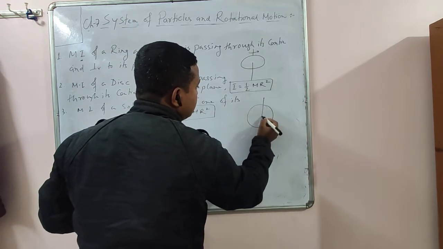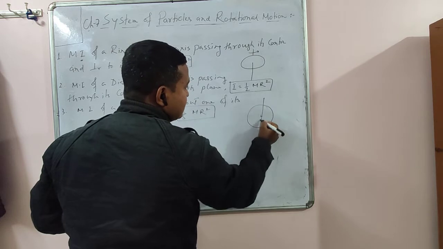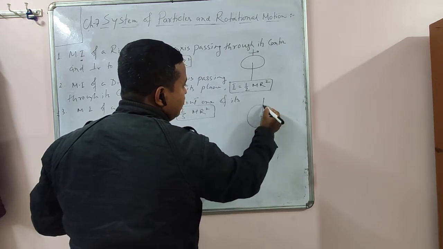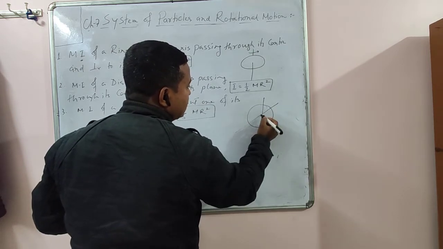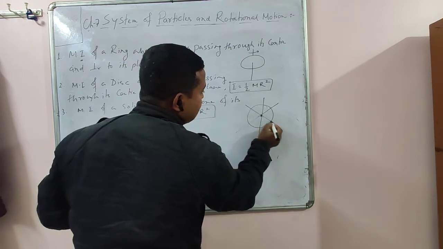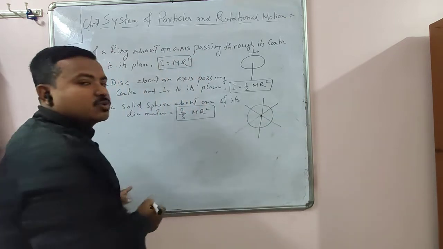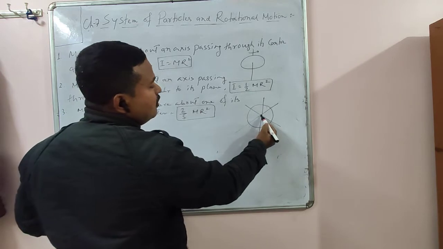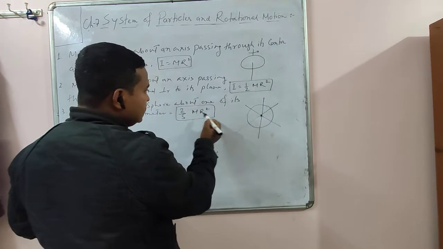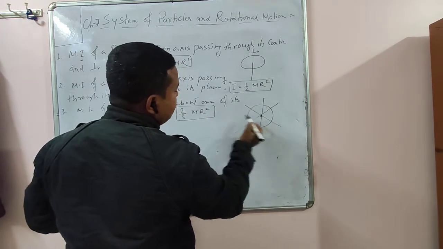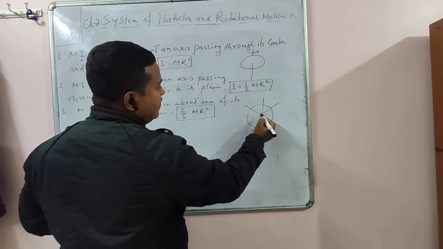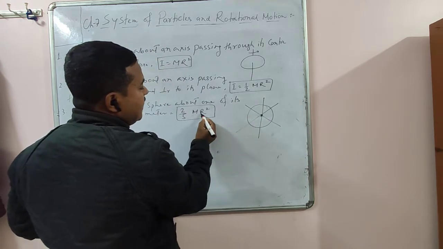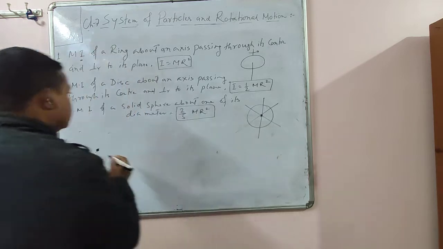Any axis passing through the center of the sphere will be a diameter. So about a diameter, the moment of inertia will be 2 by 5 mr square, where m is mass and r is radius.